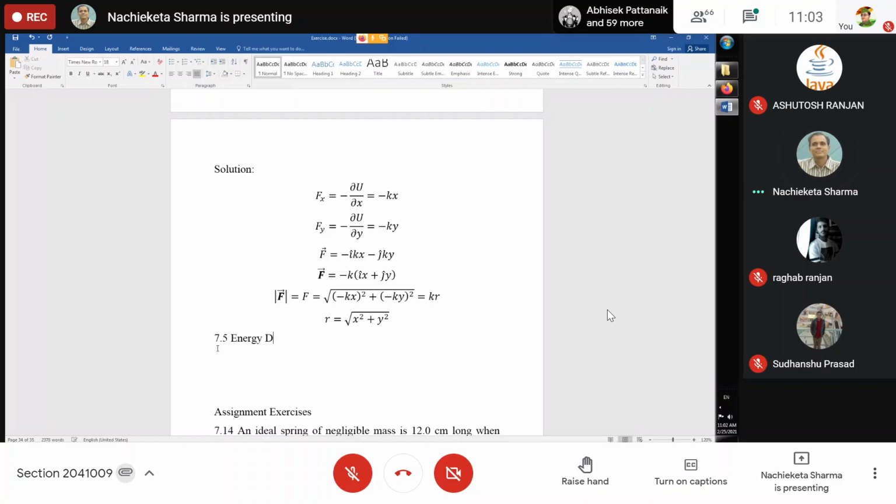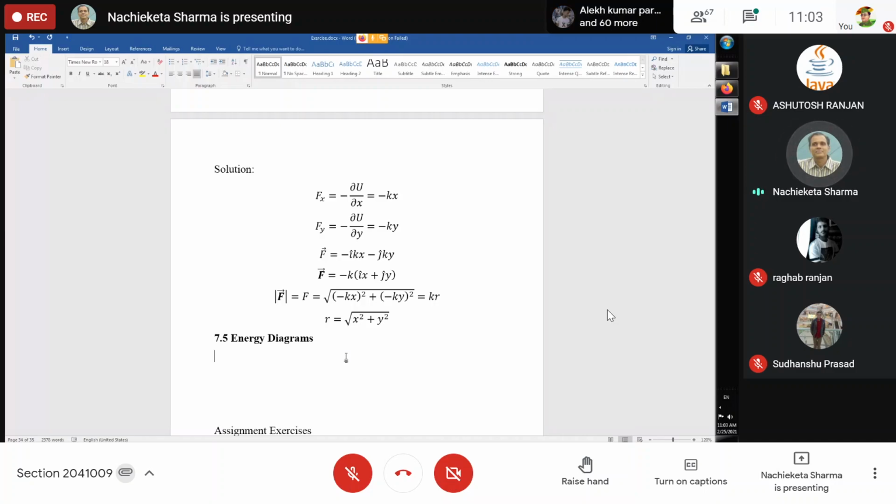Energy diagrams. Okay, so what will happen now? What is this energy diagram? A lot of ideas you can get from an energy diagram.